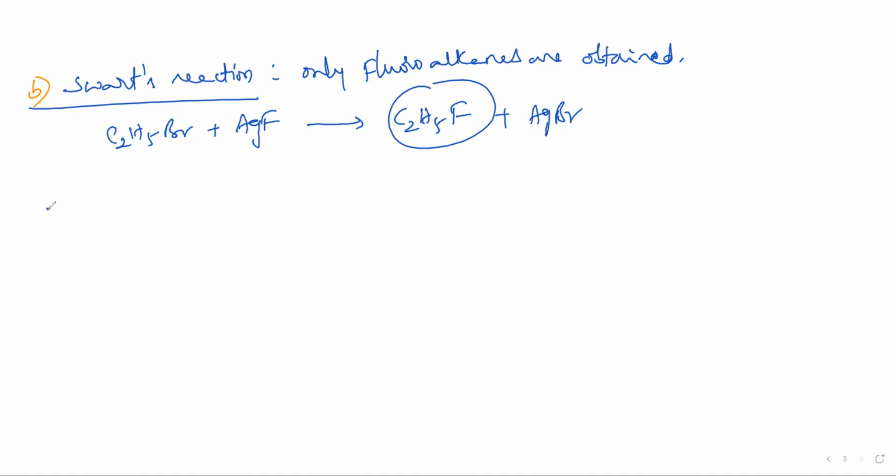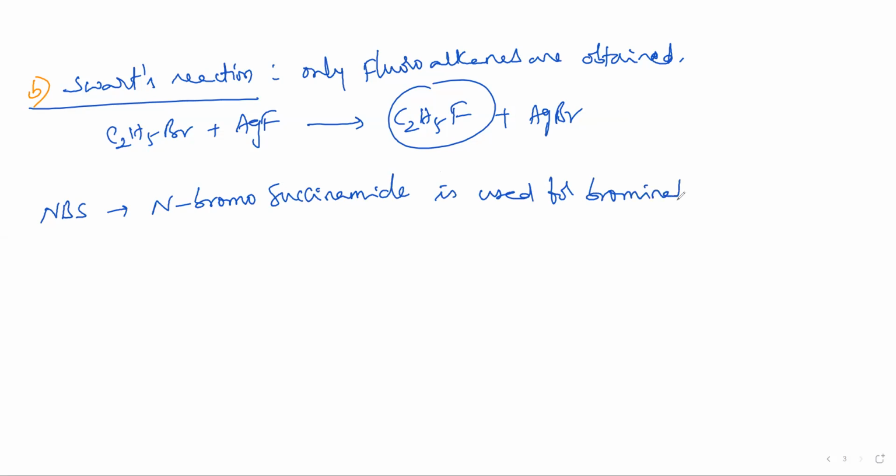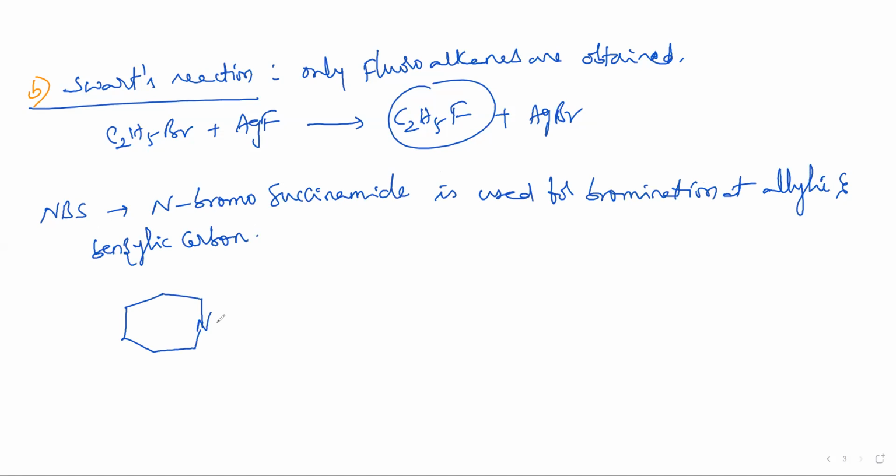Then NBS. What is NBS? N-bromosuccinimide is used for bromination at allylic and benzylic carbon. Which is N-bromosuccinimide, sir.